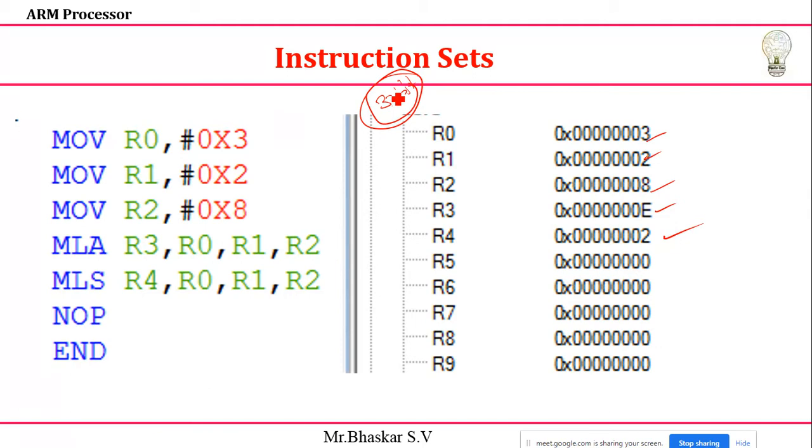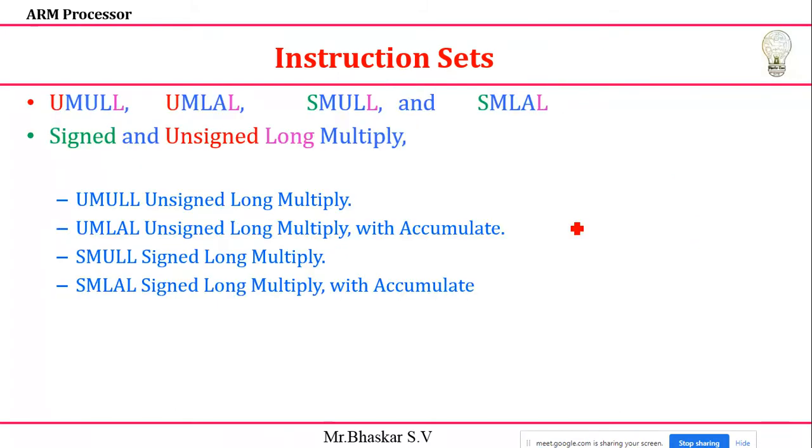By using the MUL, MLA and MLS instructions, it will not work for 64-bit results, as the maximum stored is only this much. In those cases, I'm going to use some other instructions, with a small modification of these instructions. Let's move on to that.